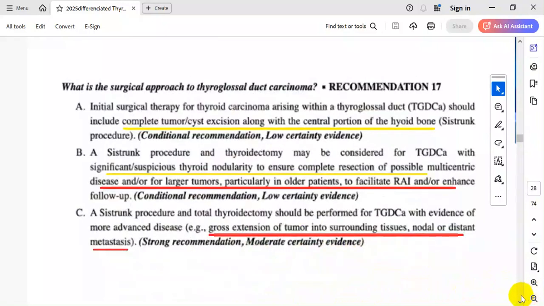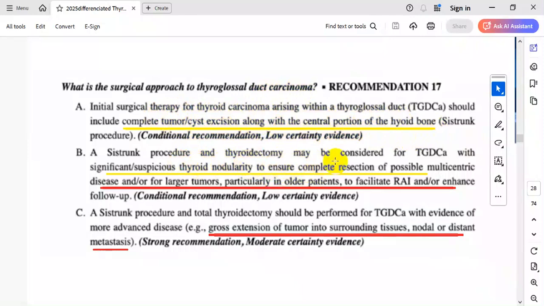What is the surgical approach to thyroglossal duct carcinoma? The initial surgical therapy for thyroid carcinoma arising within a thyroglossal duct should include complete tumor or cyst excision along with the central portion of the hyoid bone.